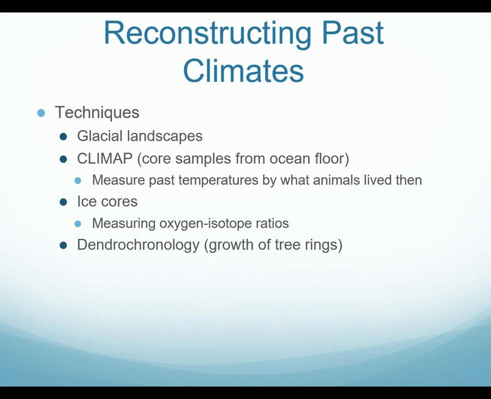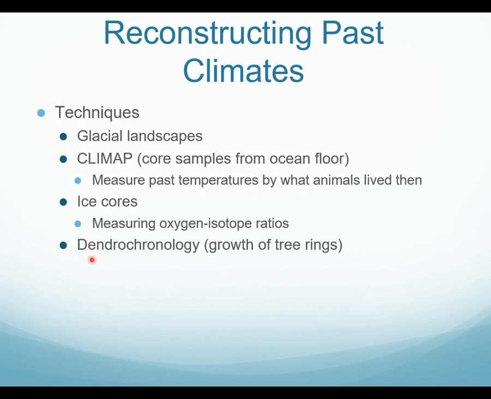And that ratio tells us a lot about precipitation, tells us a lot about temperature, it just tells us a lot about life and the atmosphere in general, from however many years ago that oxygen was trapped there. And based on the decay rate of these oxygen isotopes, we can tell how old that air really was. So all three of these can tell us what happened thousands of years ago.